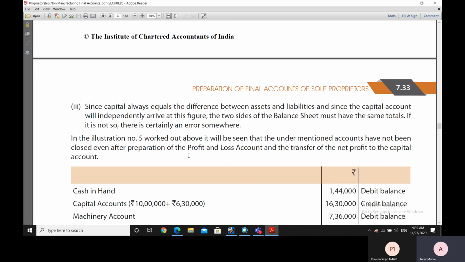Now, capital always equals the difference between the assets and the liabilities. Assets minus liabilities equals capital, that is the equation. And the capital account will independently arrive at this figure, because the capital account is being debited and credited every now and then, and ultimately we find that assets minus liabilities is always equal to capital.